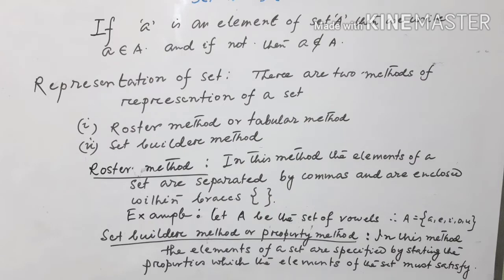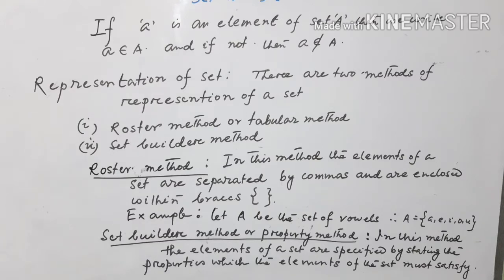That is what is a second bracket, it's called actually braces. Let A be the set of vowels, then we write like this: A equals, we start a brace, then a, comma, e, comma, i, comma, o, comma, u, then we close the brace.